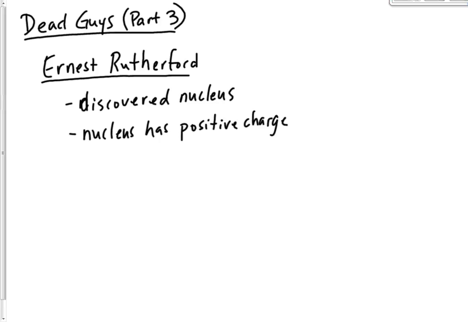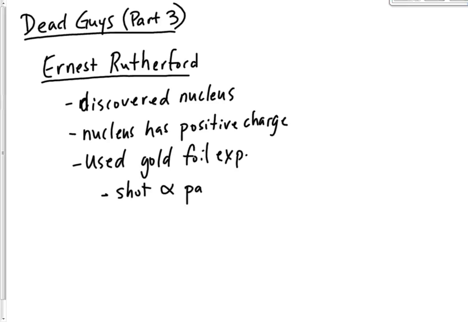All right. He used what is referred to as the gold foil experiment, okay, in which he shot alpha particles. That's the symbol for alpha.